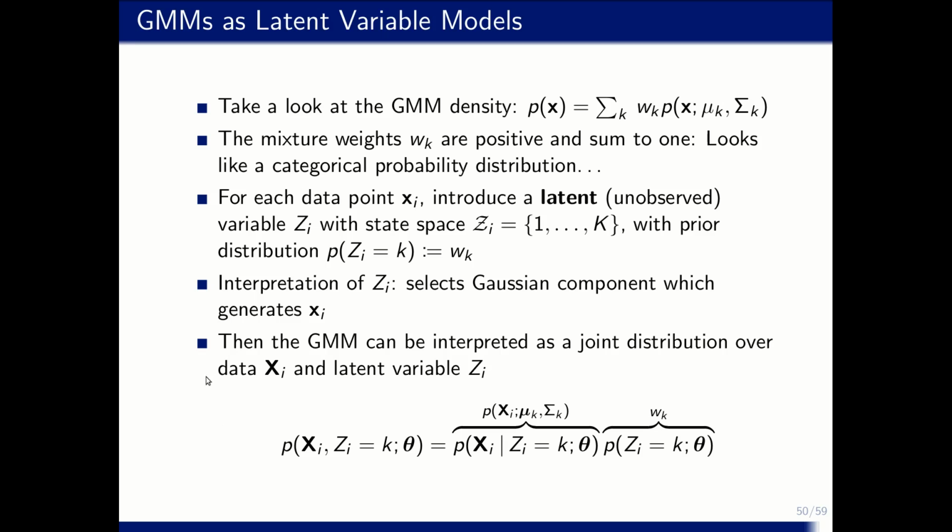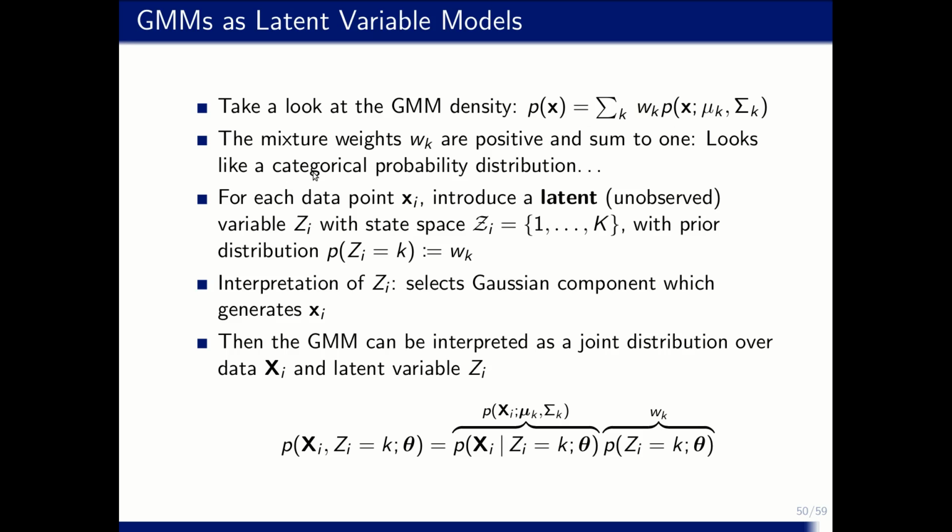In order to understand this, we'll need to interpret Gaussian mixture models as a latent variable model. So what does this mean? Look again at the Gaussian mixture density. It is just this convex combination, this weighted sum over Gaussian densities. Now these mixture weights, as said, are non-negative and sum to 1.